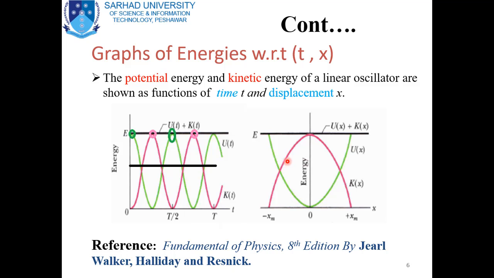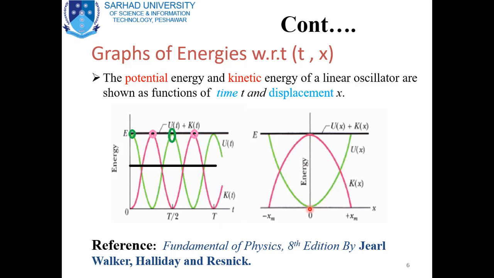In the second figure, the potential energy U, which is the green one, the kinetic energy, the pink color, and the mechanical energy are drawn as a function of position for a linear harmonic oscillator with amplitude plus xm and minus xm.